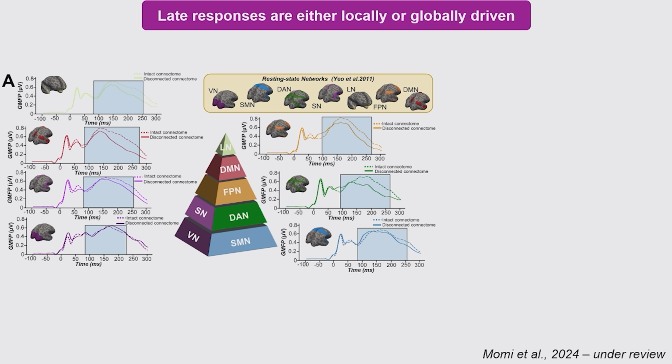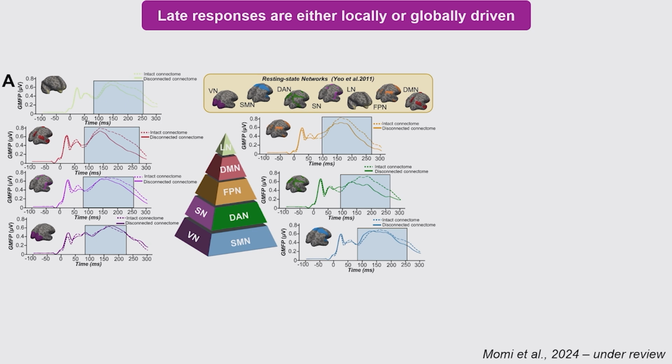As you can see, for the bottom of the pyramid, the low order networks, there are some changes, but they are not significant compared to when we run the simulation with the intact structural connectome. So the lesion doesn't really affect the propagation pattern, meaning that those networks mainly rely on information that comes from their own parcel.